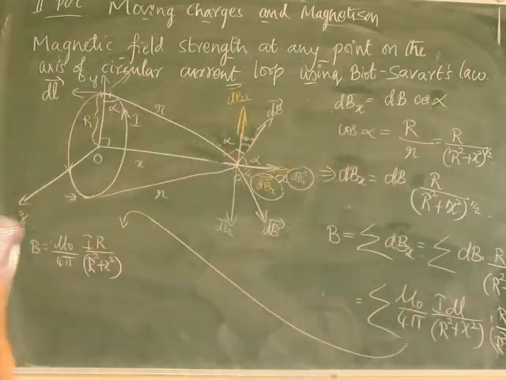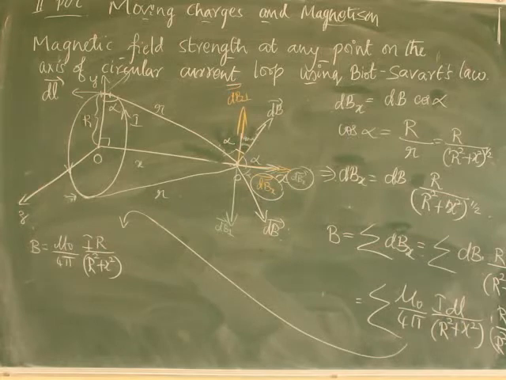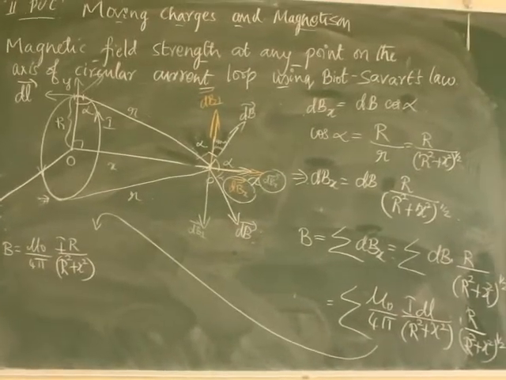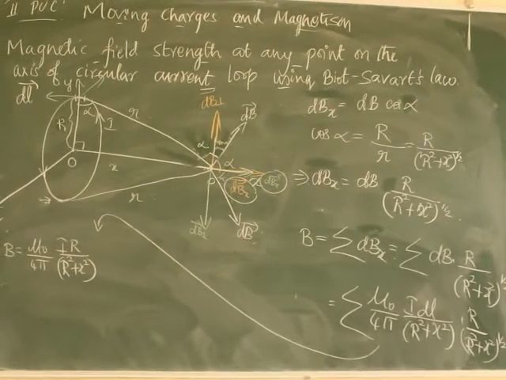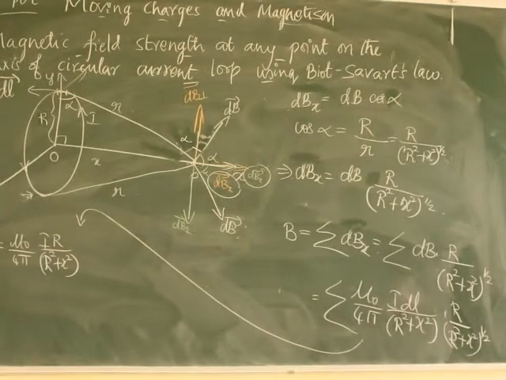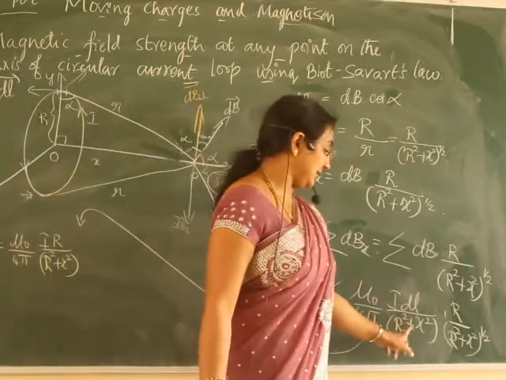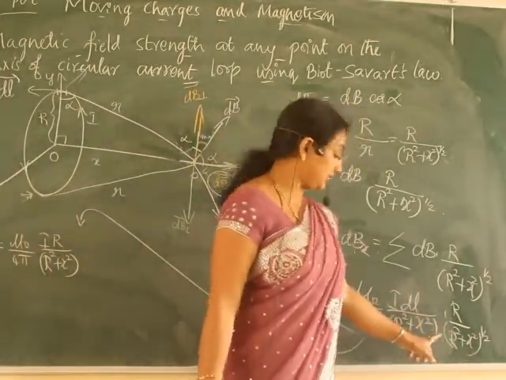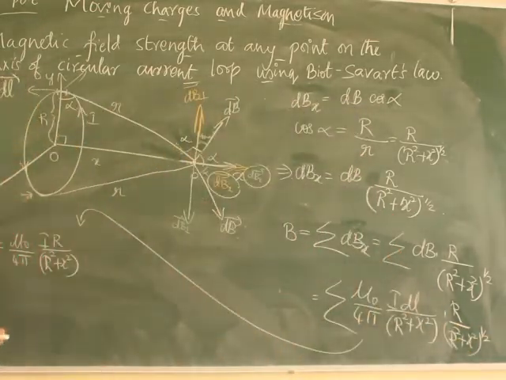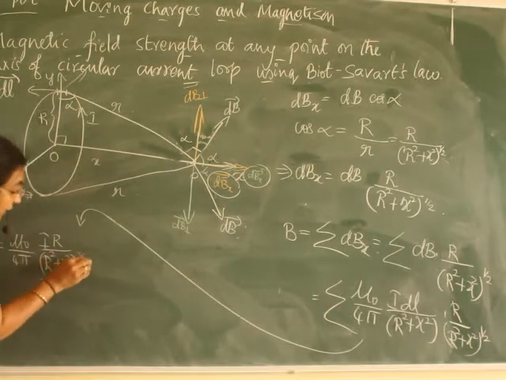When we add them up, r square plus x square, one is to the power 1 and the other is to the power half. So 1 plus half is 3 by 2. Therefore, I can write to the power 3 by 2.